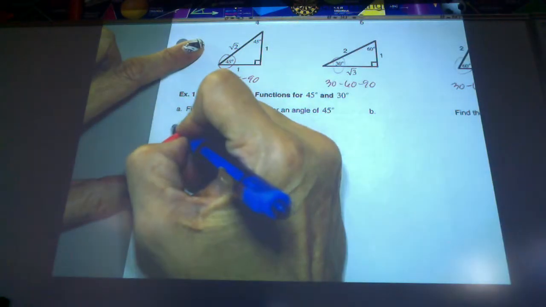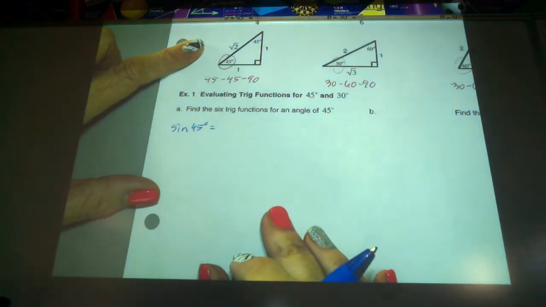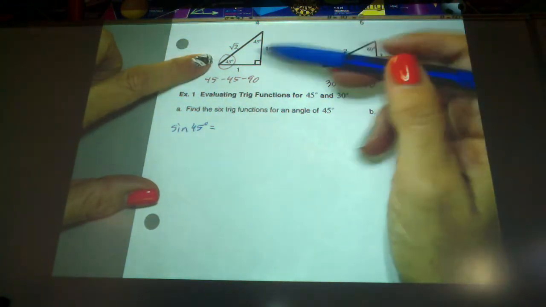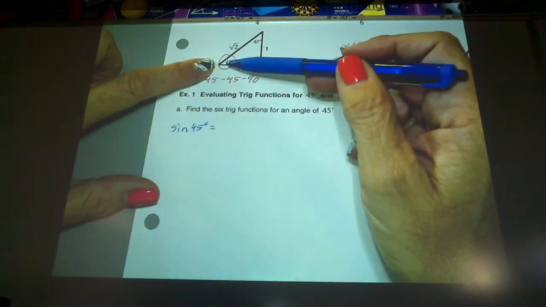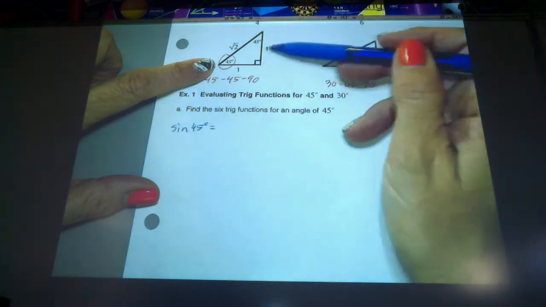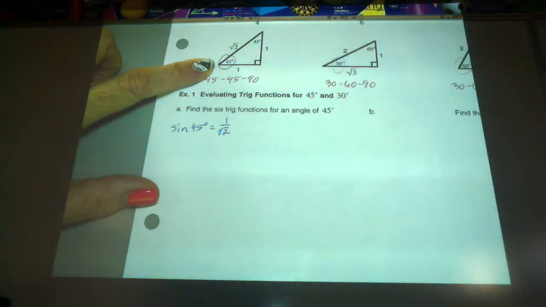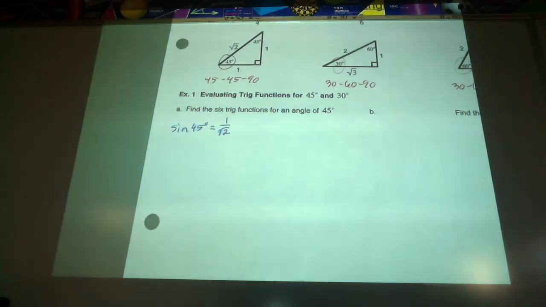So I've got sine of 45 degrees equals, and all I'm going to do is apply my ratio. So SOH CAH TOA, opposite over hypotenuse. So it's 1 over radical 2. Now, what you're going to find out is as we hit pre-calculus and calculus, the higher mathematicians start to accept that as an answer.